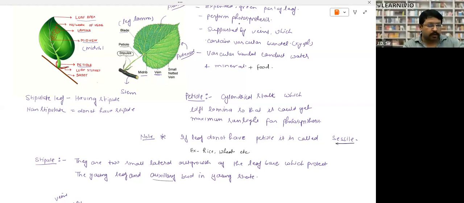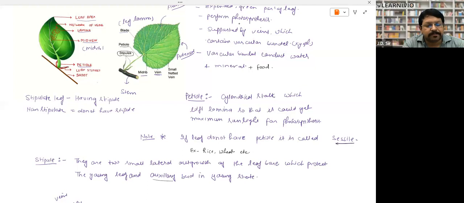That is an important question. So can you tell me an example of sessile leaf? Example is already written. Other than rice and wheat, any example of sessile leaf? Tell me, Siddhika, Martin. You have to remember. Grass? Yeah, very good. Grass. Almost all the monocots, right? Maize, grass. So remember, please note it down.